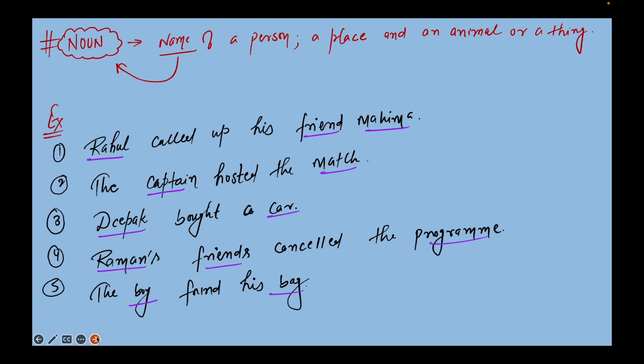But if I take some more examples, let me take some more. Sima sold her house. Nana came late.